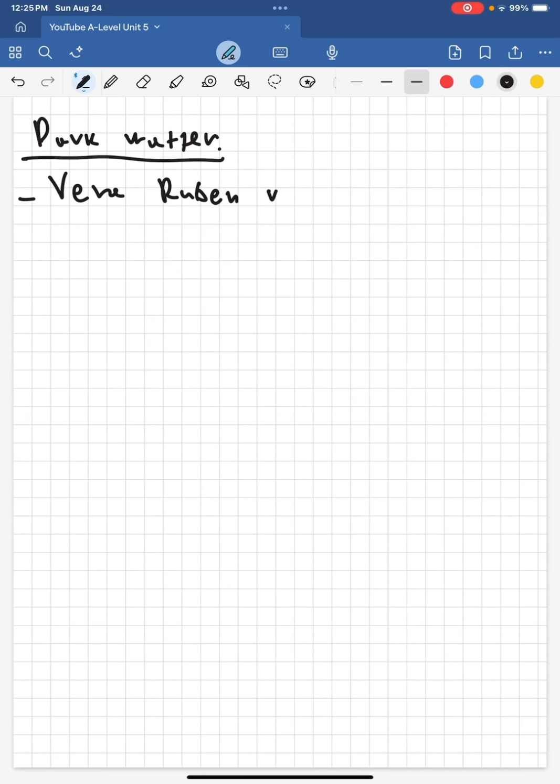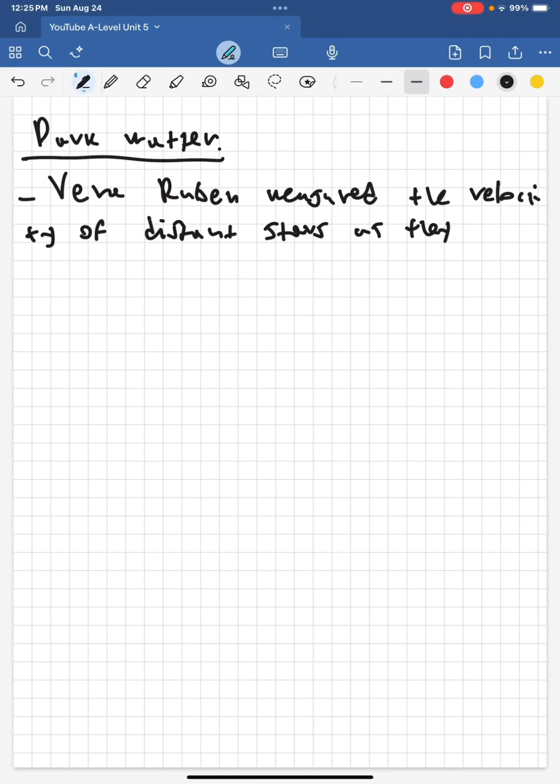So Vera Rubin measured the velocity of distant stars as they rotate around the galactic core.